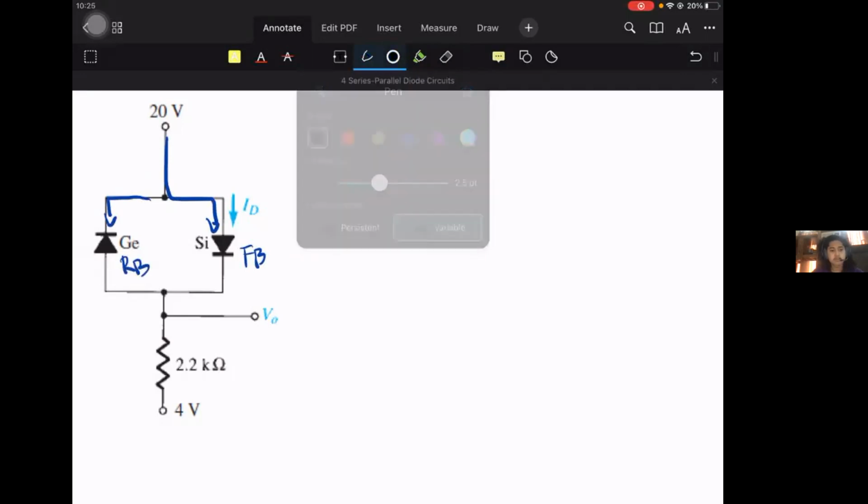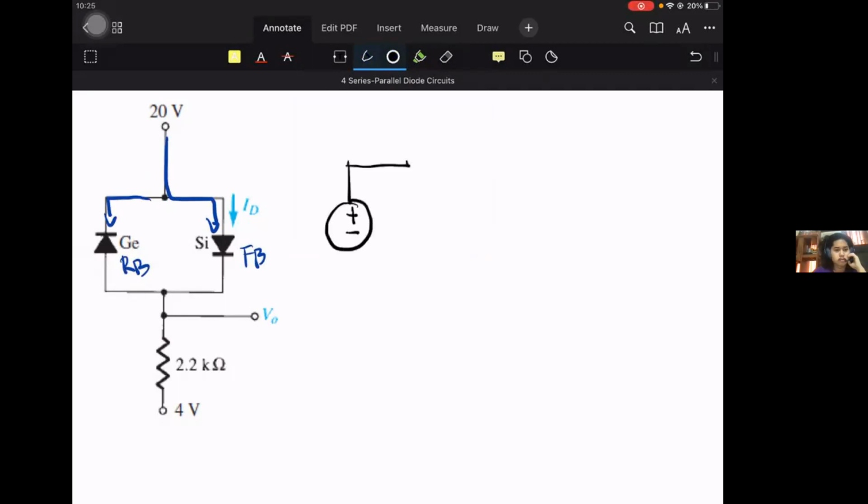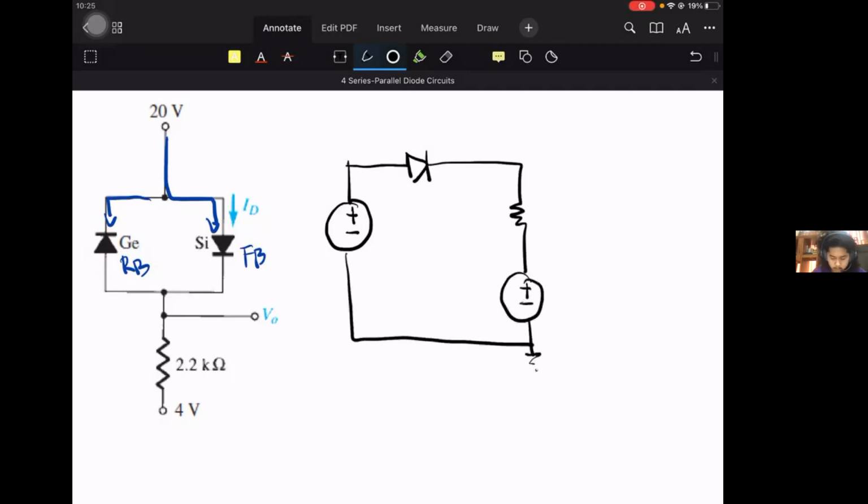Effectively, our circuit becomes a series circuit again. If I redraw it, it will look something like this. And VO would be measured from here.